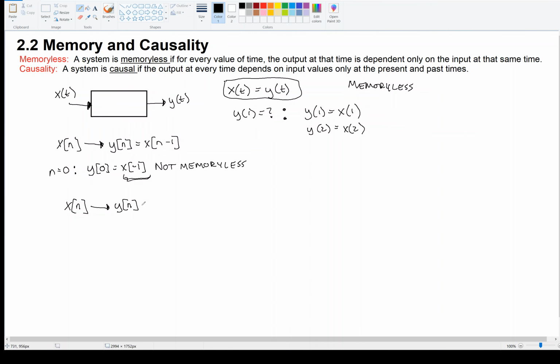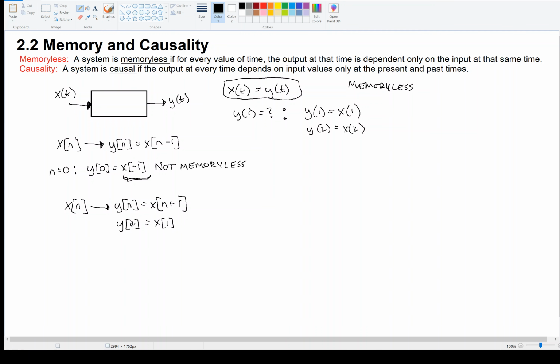Where the output is the input advanced by 1 unit? Well, again, if I plug in a value of n, let's say 0, I need the input 1 unit in the future.